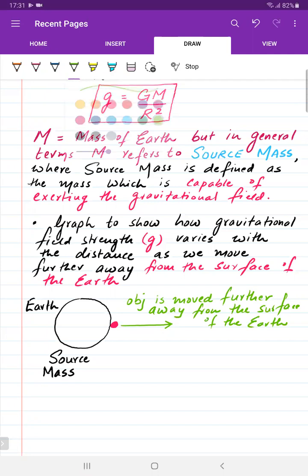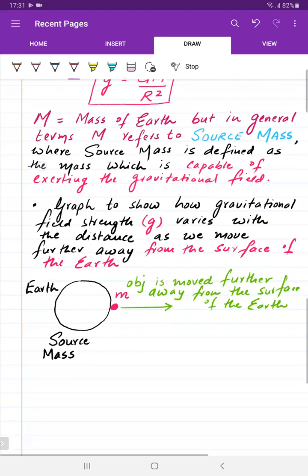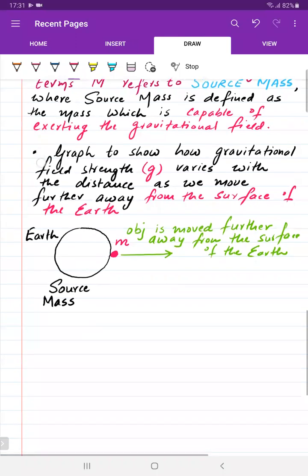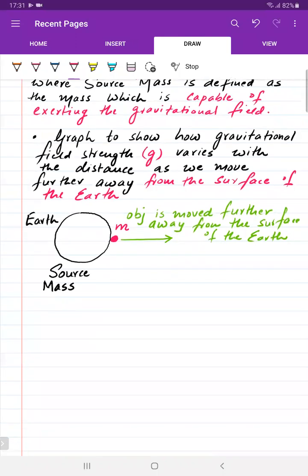Object के mass को small m लिख देता हूं in case if I need it. And the green arrow pointing outwards implies that the object is moved further away from the surface of the earth. So how would the shape of the graph look like? उसकी एक representation कर लेते हैं.